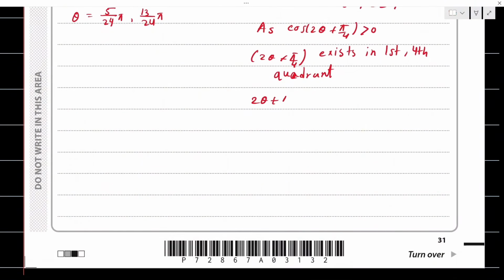So 2 theta plus pi by 4 is equal to 0.7227 because this is within our range, and we have to find the fourth quadrant value, which is 2 pi minus 0.7227.